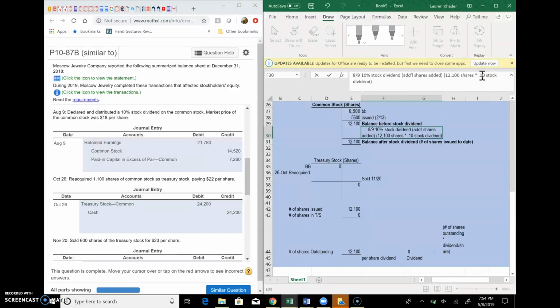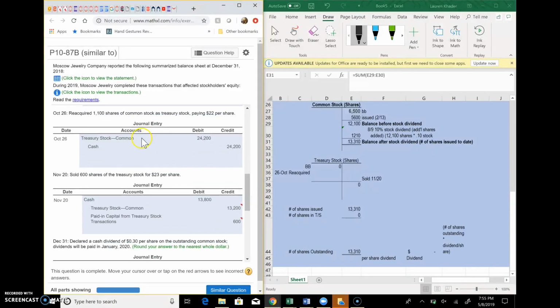If they had treasury stock or a balance in their treasury stock, those shares would have been netted out because you're only using the number of shares outstanding. So we're going to take the balance above times 0.1, which is 10%. So it's going to add an additional 1,210 shares on August 9th.